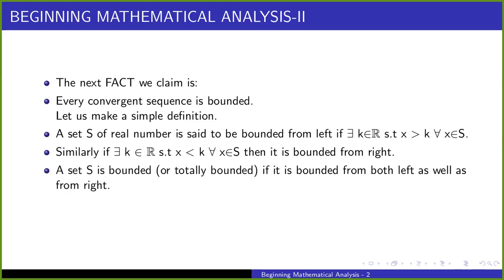A set S is bounded, or totally bounded, if it is bounded both from the left side as well as from the right side. The way I'm putting it, you would recognize that I'm trying to visualize the real line and look at a bound from the left of the set and right of the set.